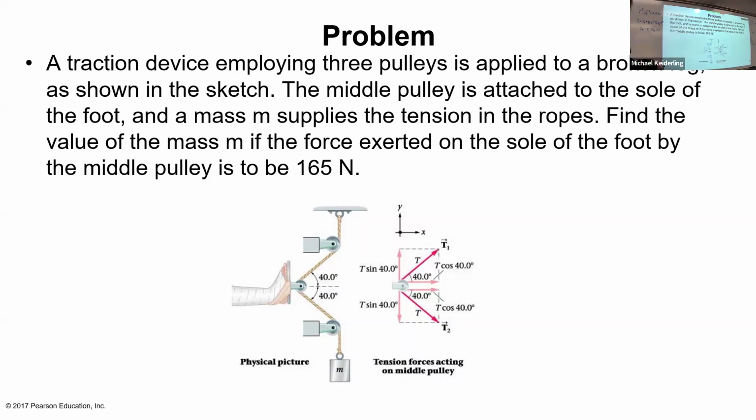The middle pulley is attached to the sole of the foot, and a mass M supplies the tension in the ropes. So we have T1, which is up at 40 degrees, and T2, which is down at 40 degrees from the horizontal. And we want to find the value of mass M if the force exerted on the sole of the foot by the middle pulley adds up to a total of 165 newtons.